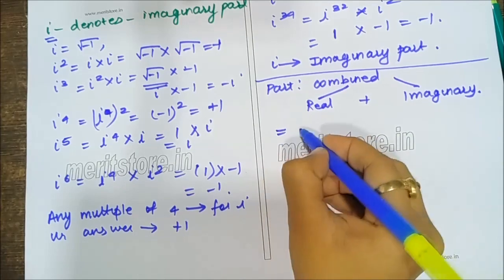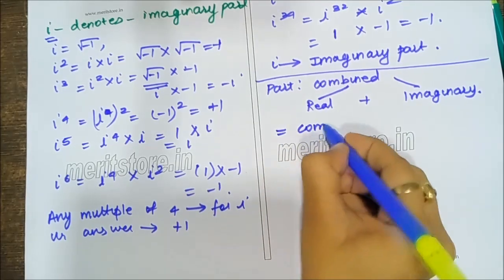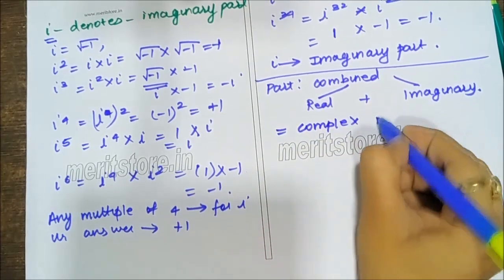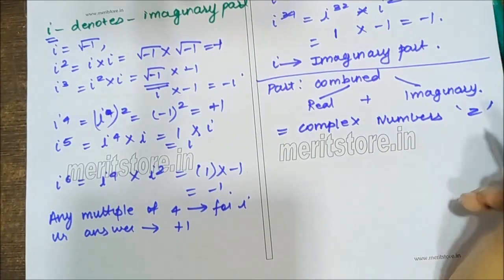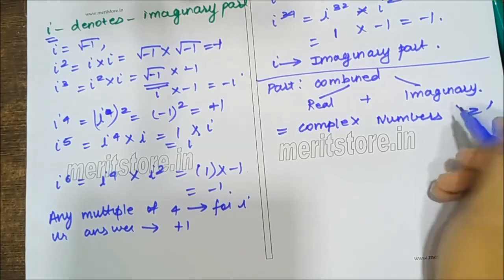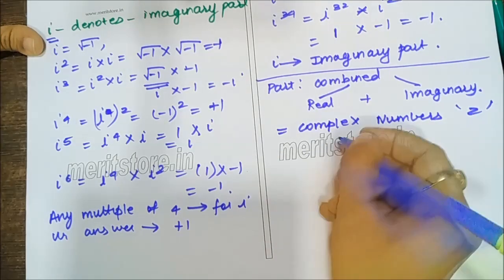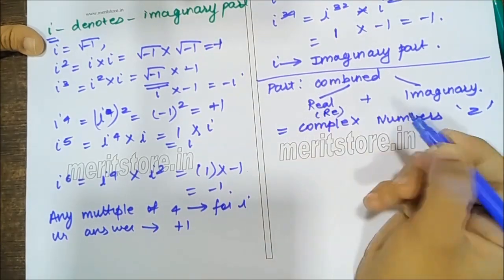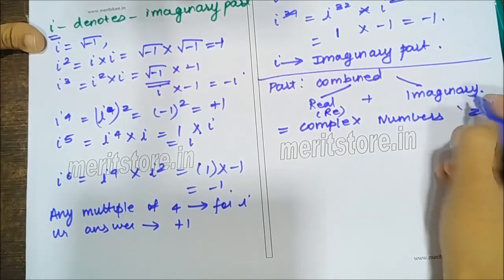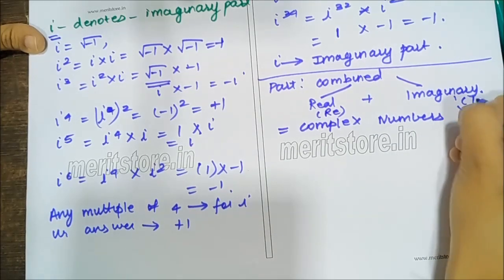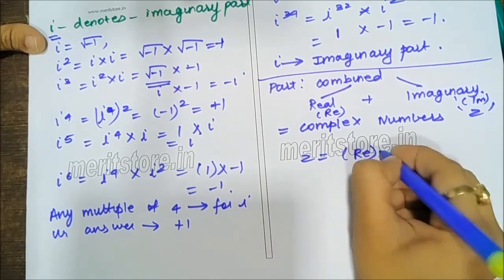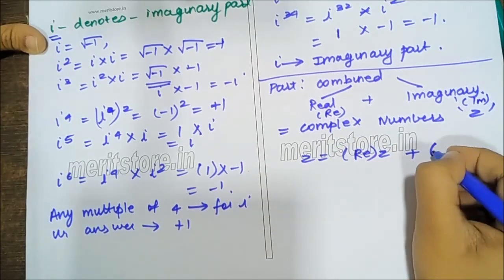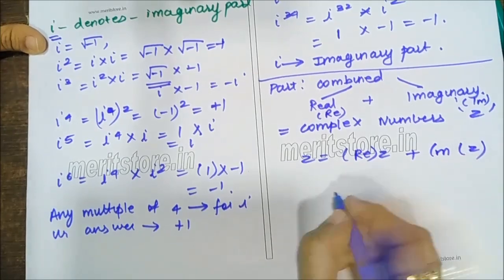A new type of number was derived, that is your complex numbers, which is represented as Z. So as I said, real part, where I am writing the denotation by Re, and here I am writing Im.